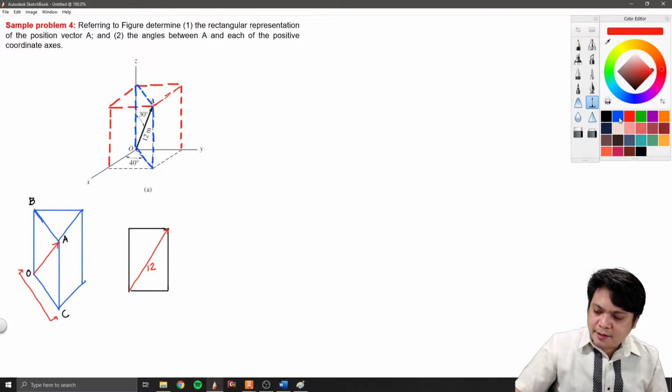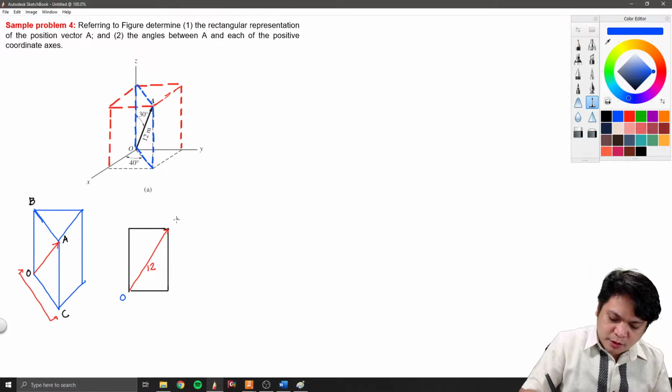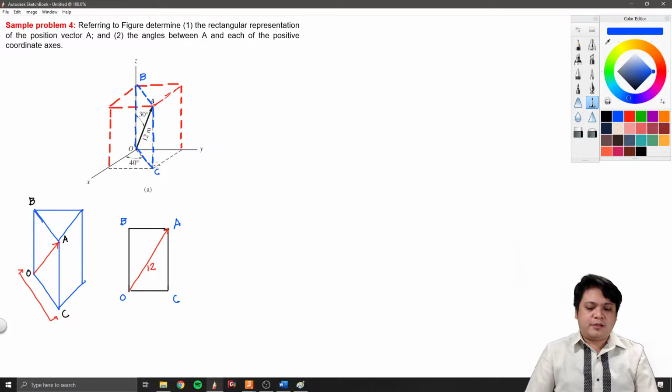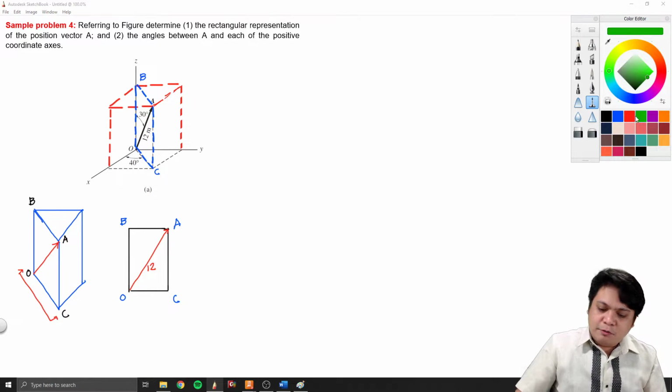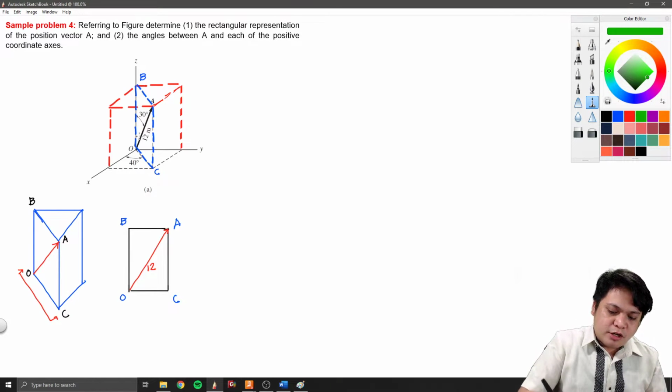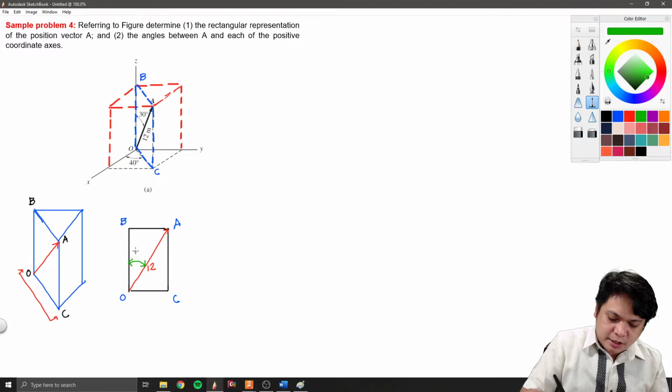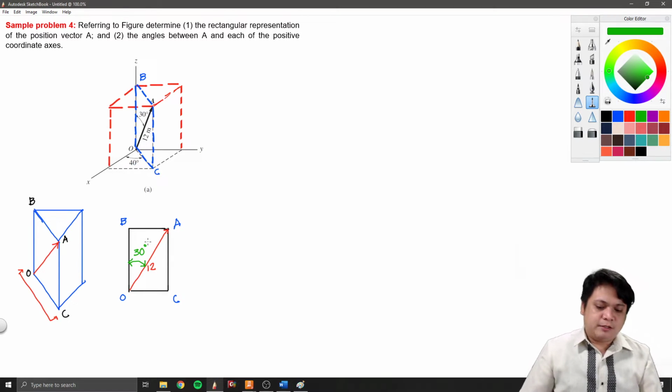And then, ito yung point O, ito yung point A, ito yung point B, and then ito yung point C. Parang ganun lang siya, no? So, yung binibigay niyang 30 degrees is actually from the segment OB hanggang dun sa segment OA. Okay, so, ito yung ating 30 degrees.